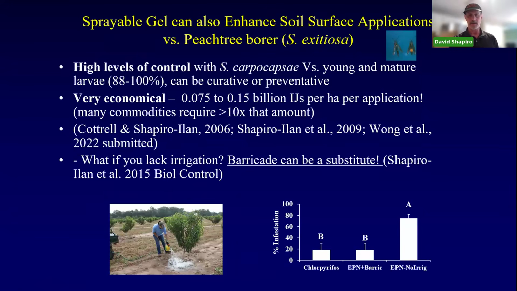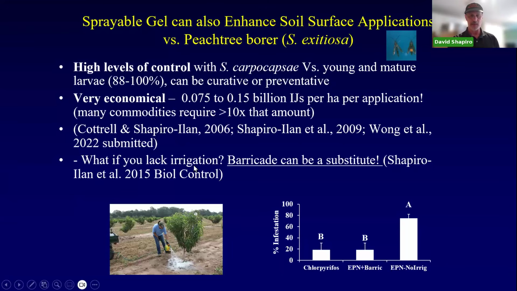And you could also use a gel like this in soil, especially if there's no irrigation, to protect the nematodes from desiccation. And we saw this with peach tree borer, which is different from lesser peach tree borer in that it goes down into the scaffold roots of the peach tree. So it's a soil pest, basically, not above ground. We get very high levels of control with S. carpocapsae, very economical because you only have to apply around the base of the tree because the insect goes straight down into the roots.